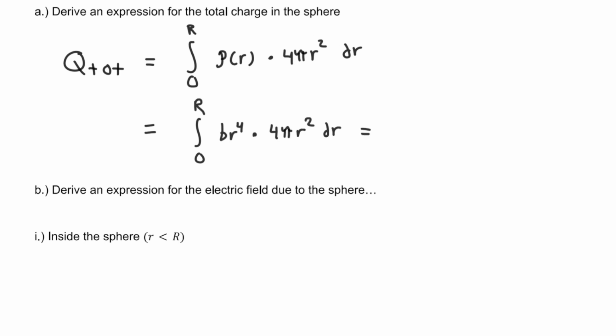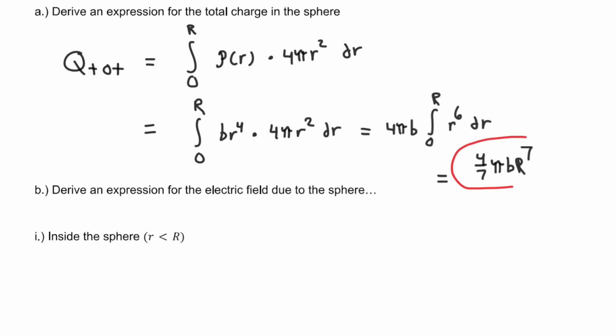If we evaluate this, we would get 4 pi b times the integral from 0 to R of r to the 6th dr, which evaluates to r to the 7 over 7. So I get 4/7 pi b big R to the 7th. Not a very nice expression for total charge.